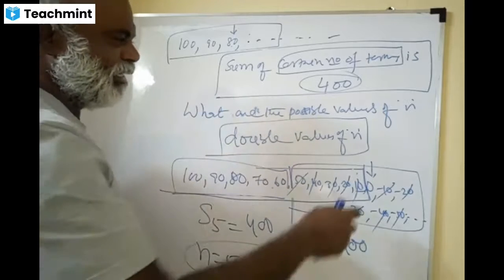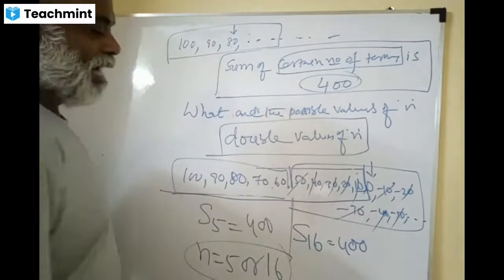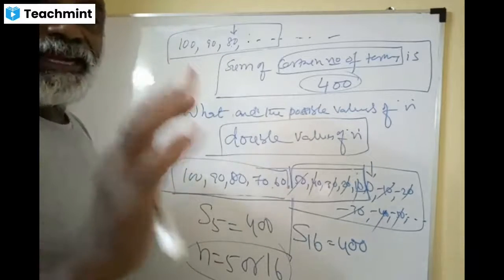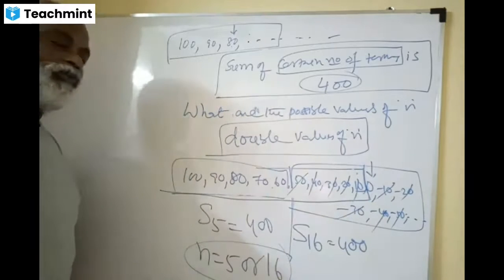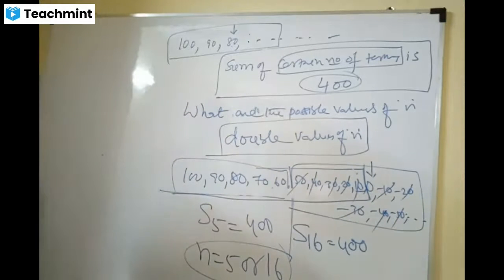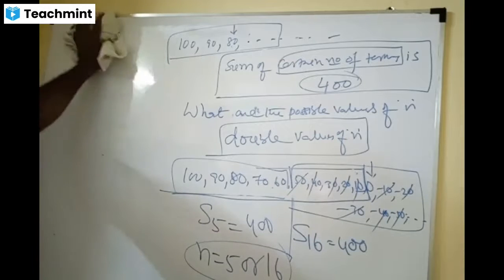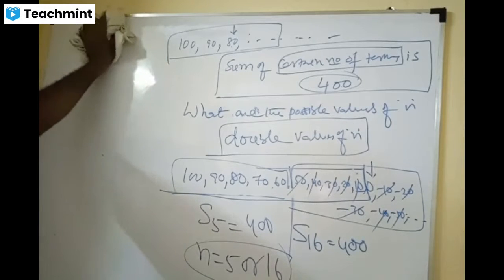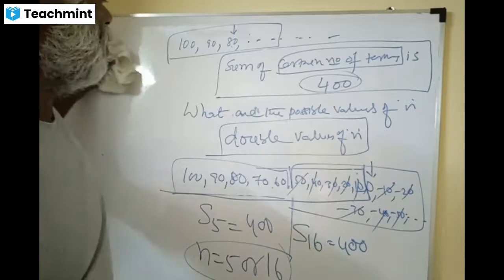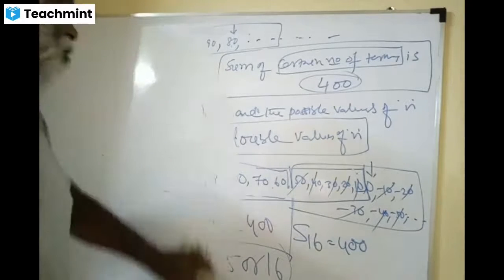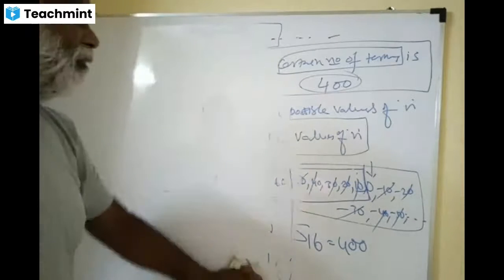Because we didn't do the sum of n terms, I didn't go for the formula. I will come to that formula, then we will of course do the method also. Shall I repeat? Yes, sir. Right. So next one we will do the sum of n terms formula also.